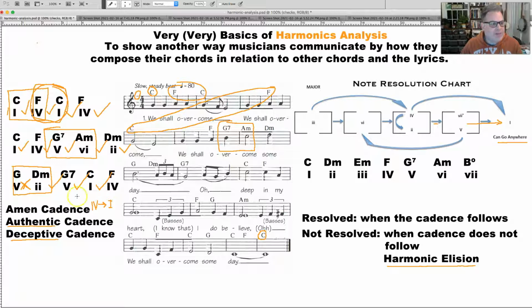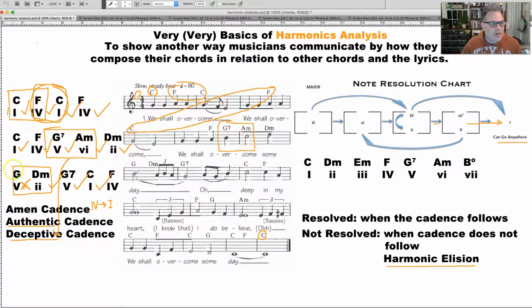When we have a deceptive cadence, 5 to 6, it gives us a little burst of energy and helps the song continue onward. And here we're getting a little energy of, we're going to sing We Shall Overcome, and we're continuing on with the song. We see the G to A minor later in the song also. I do believe it's giving us a little oomph right there, a little bit of power, which is really cool.